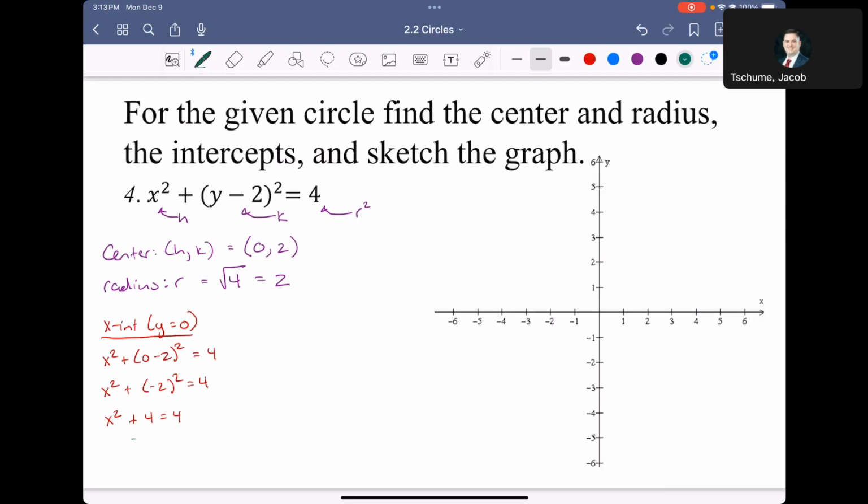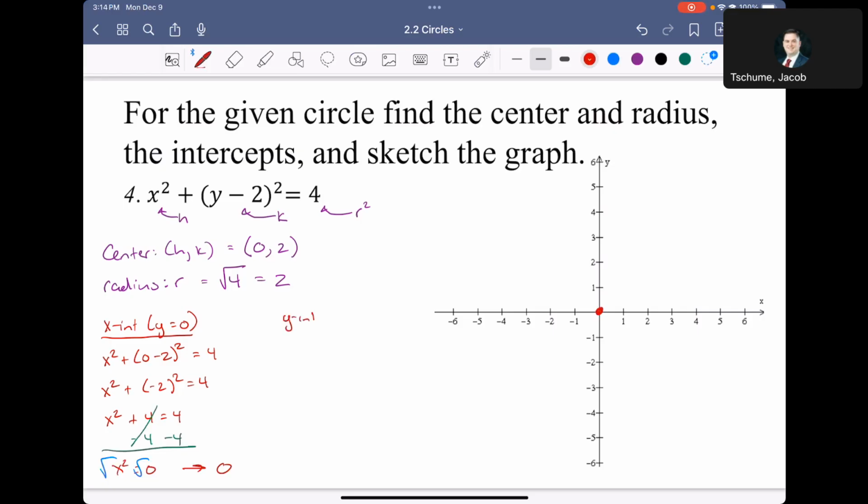And if you subtract 4 from both sides here, you're going to end up getting x squared equals 0. And then when you try to take the square root of both sides, you're going to get an x value of 0. So that means this circle should cross the x-axis at 0. So I'm going to put a dot on my x-axis at 0.